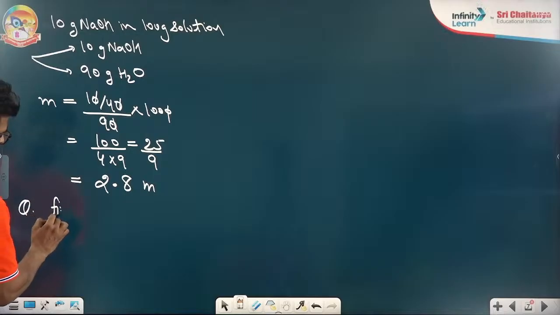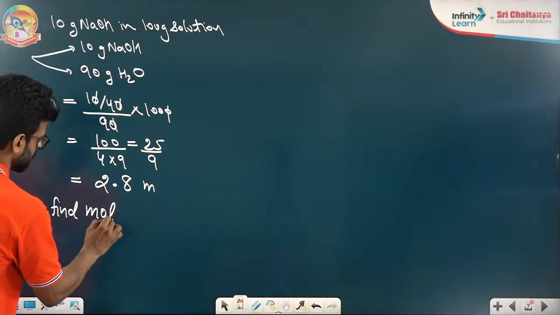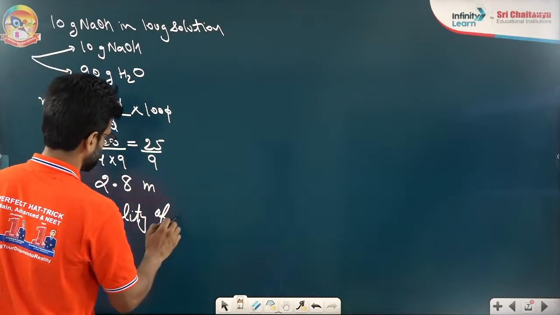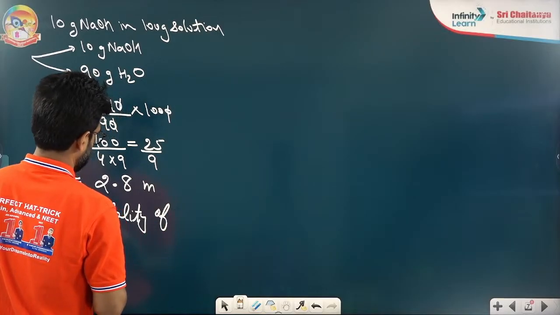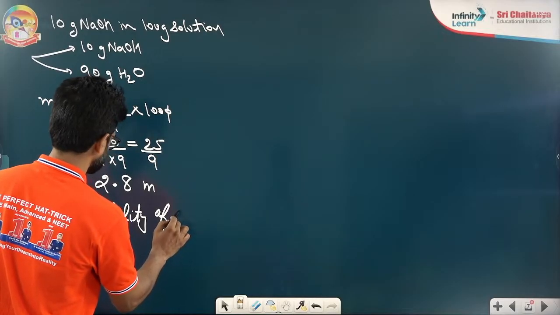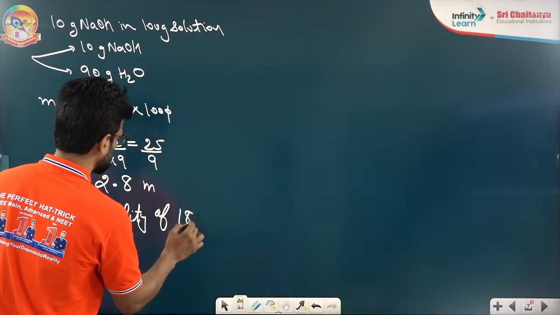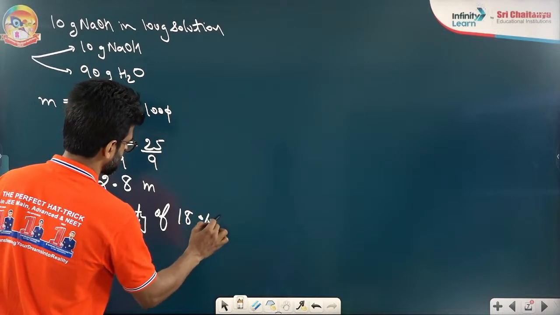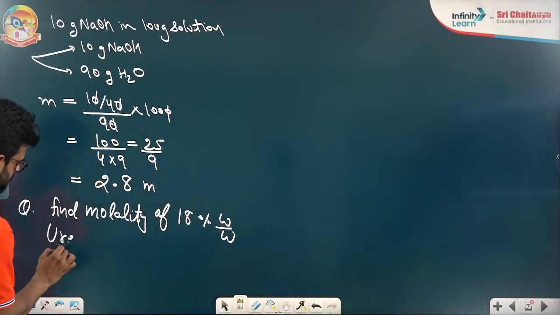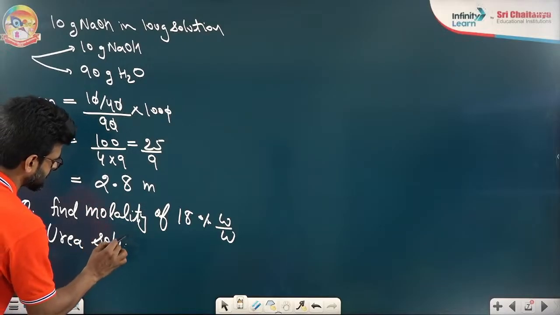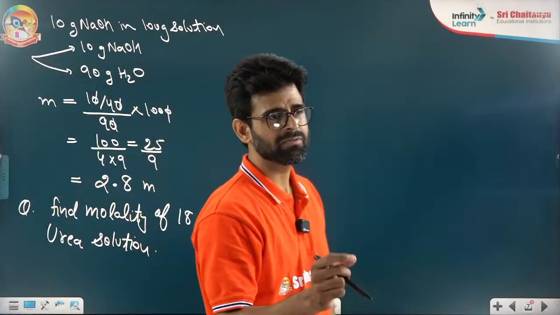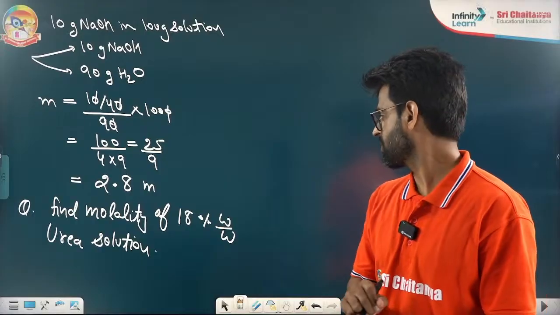Please find the molality of, calculation can be a little lengthy, an 18% weight by weight urea solution. Check, but find molality of 18% weight by weight NaOH solution, sorry, urea solution.